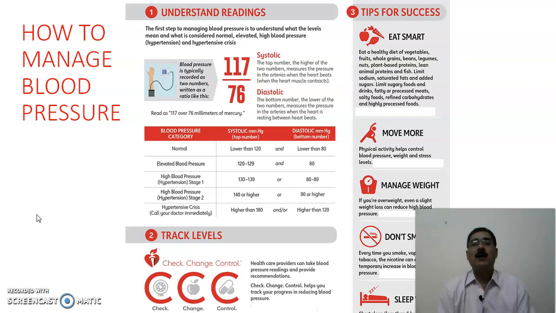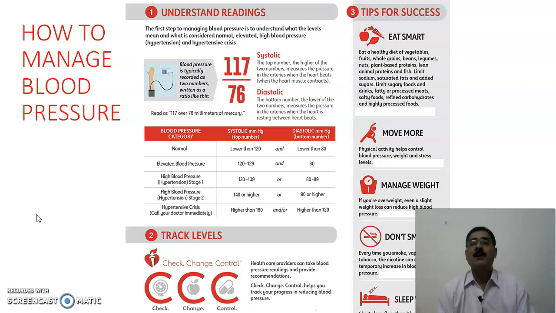Now what are the tips for success? The first one, you should eat smart. It means eating a healthy diet of vegetable foods, whole grains, beans, legumes, nuts and so on, and avoid highly processed foods. Then move more.